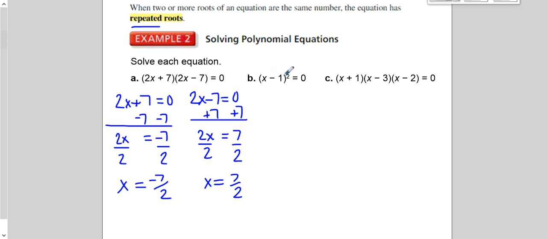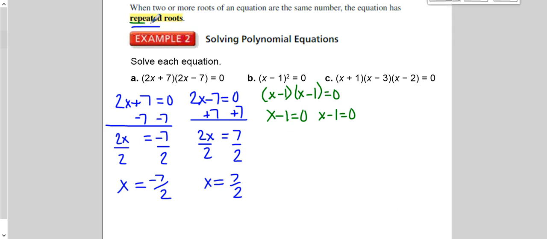Number 2B, we have x minus 1 squared. Remember when we have the squared on the outside of the parentheses, it really means x minus 1 times x minus 1. This is being multiplied by itself. But if we write down each one of these factors equal to 0, we get the same answer twice.